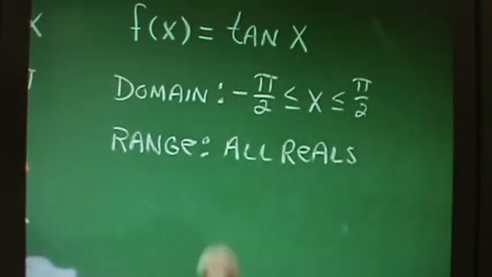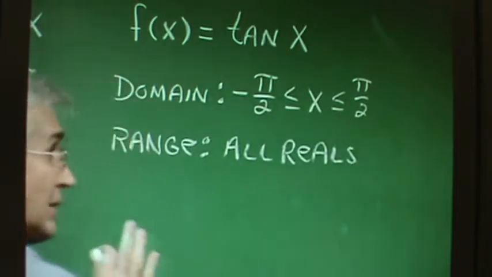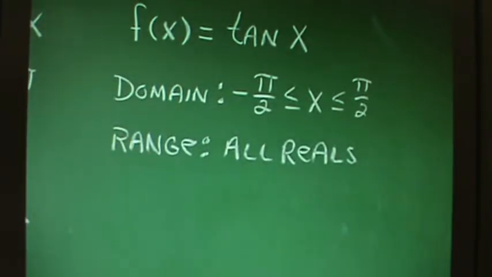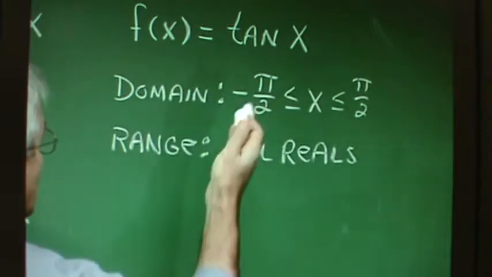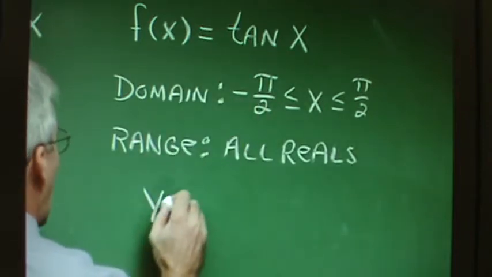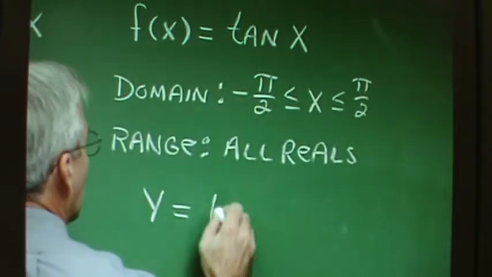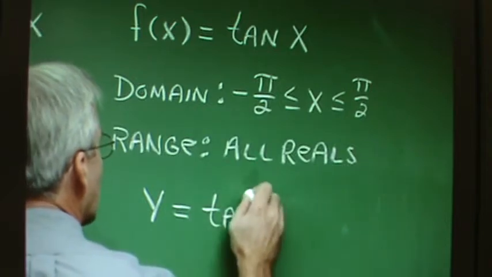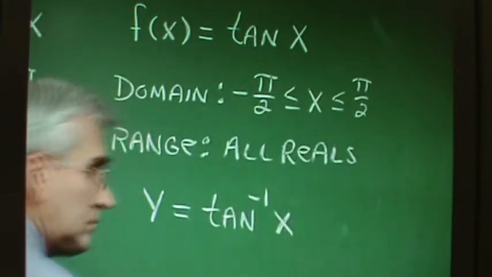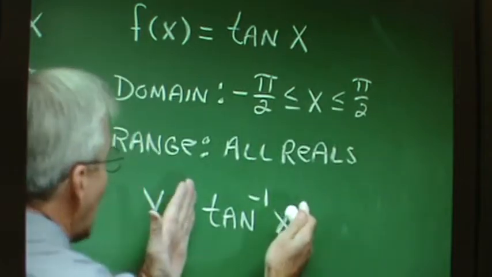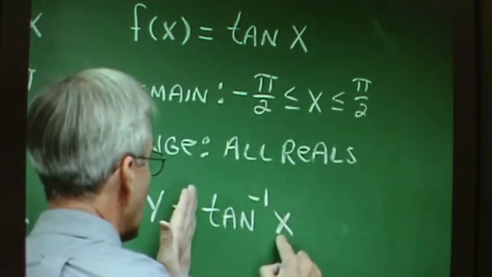Because that graph just goes out of sight, up and down. Okay, here's how that'll change things on the inverse. Now the inverse we generated in exactly the same way, so y is simply the inverse tangent of x. And this is a request for the angle whose tangent is that.